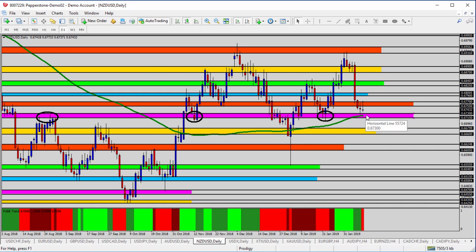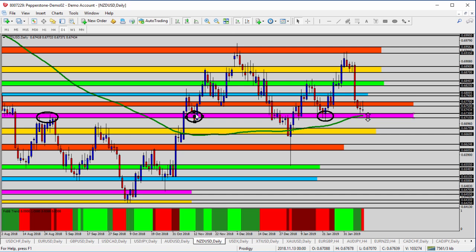So as it approaches it, there's really one of two things that's going to happen. Either we see the buyers fight back and a bounce off of this level for it to go back up, or eventually we look for the breakdown of that level and the continuation lower in the direction of our current momentum.